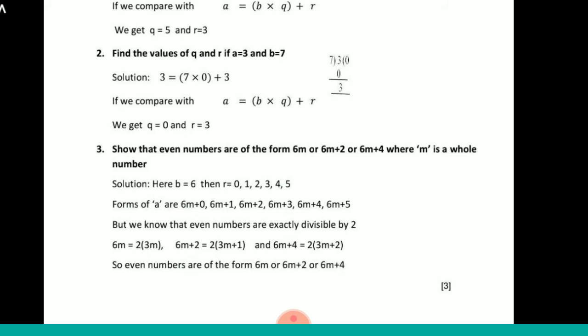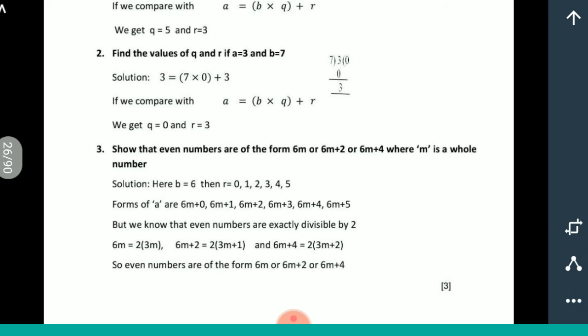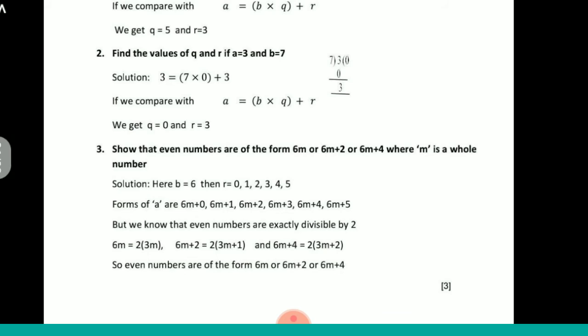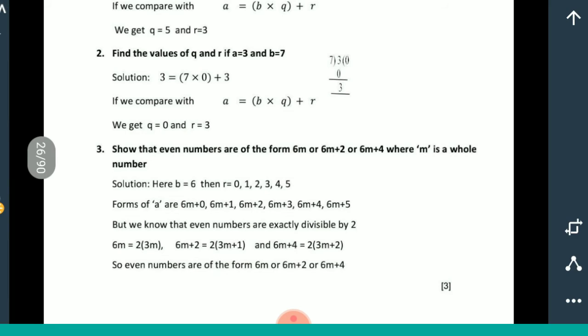See children, here they have already given a general form 6m or 6m plus 2 or 6m plus r, just like bq plus r. In place of b we have 6, in place of q we have m, in place of r we have 0, 2 and 4. So you can easily understand that the given divisor is 6.